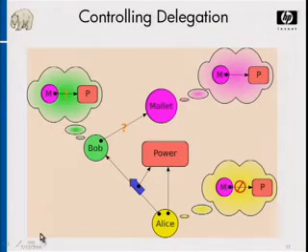One of the greatest sources of criticism of the object capability model has to do with the propagation of delegation. What we're showing here in this diagram is that Alice has some particular access to some particular object, perhaps Carol, that represents some power.